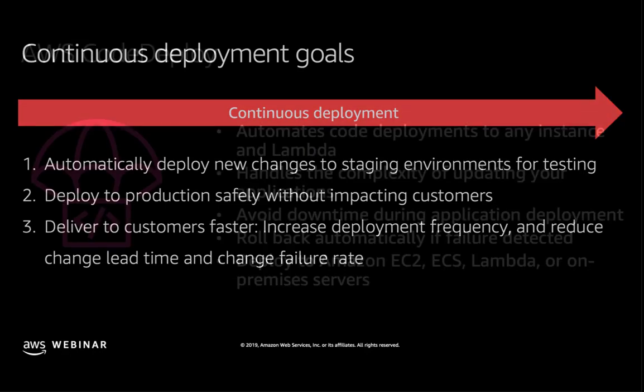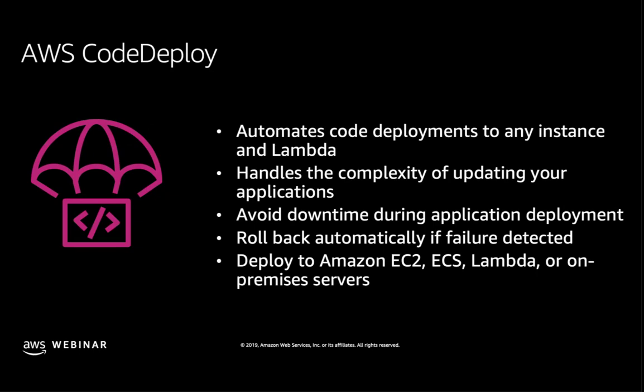And a service that we have that allows you to do that is CodeDeploy. AWS CodeDeploy handles deployments to any instance and Lambda, as well as ECS. It can handle the complexity of updating your applications, meaning that, let's say your application is behind a load balancer, so an ALB or an ELB.